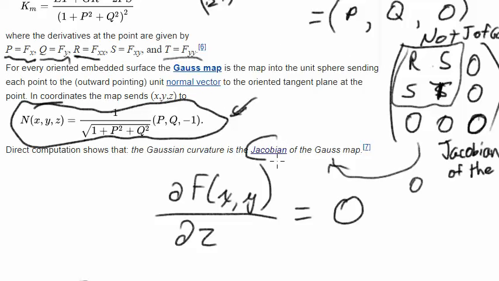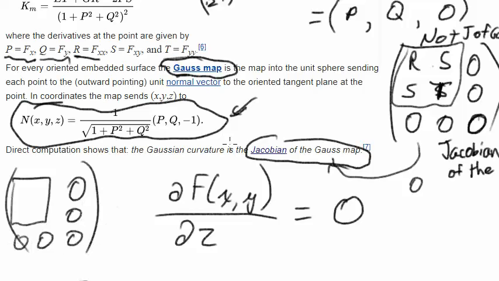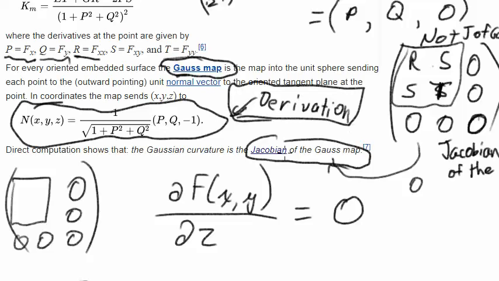Okay, anyway, when we do take the Jacobian of this, which is called the Gauss map, we do definitely get some quantities up in some places and then all zeros down here. So to say that the Gaussian curvature is the Jacobian of this thing just doesn't work out. However, it would be nice to see the derivation of this thing. It seemed to work, but I'd just like to see the derivation for it.